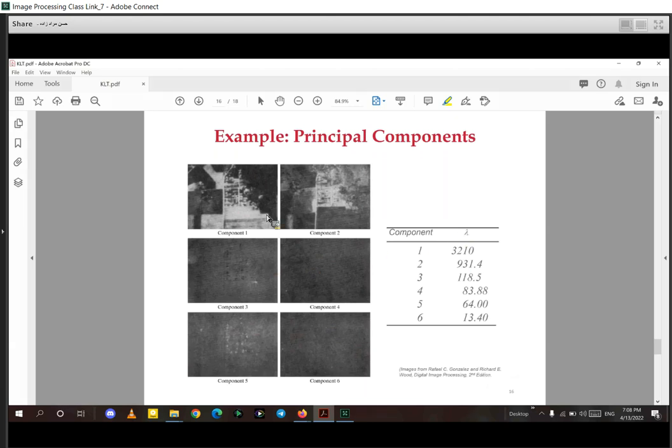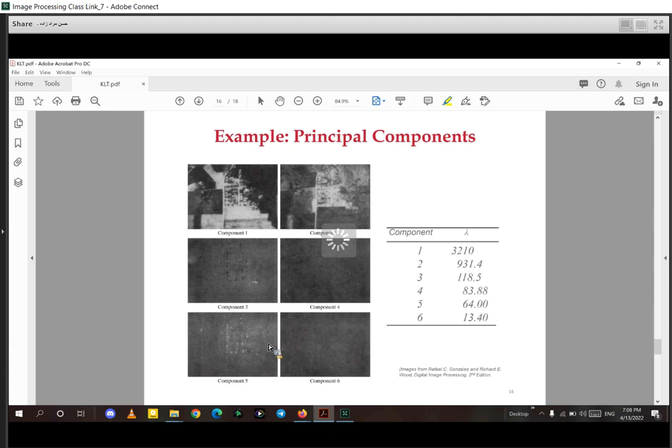Again, you see here we said components with large lambdas have large variances or large variations. This is the larger variation, this is the next variation, and in these items you don't see any variations.